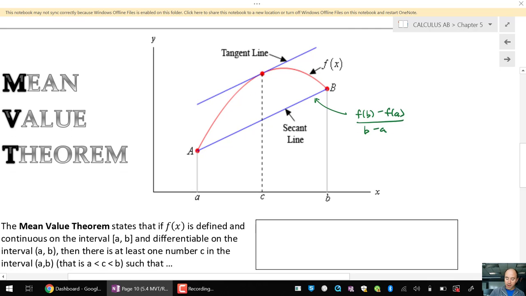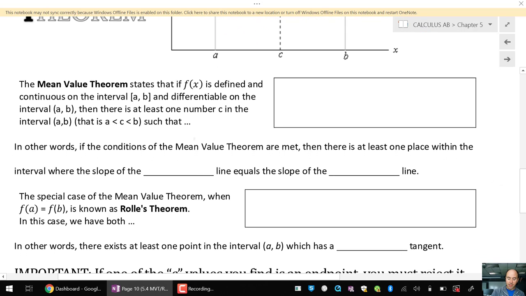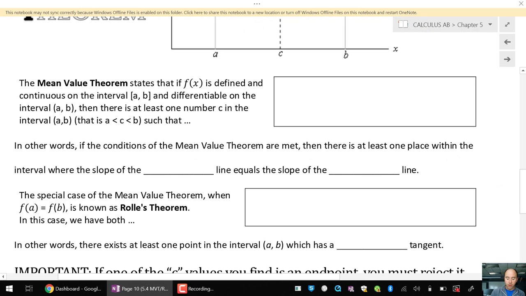Now, in symbols, what does that mean? Well, down here in this rectangle, we'll write out the conclusion of MVT. So you can read the hypothesis here. And essentially, it guarantees the existence of a value on the derivative. So we'll call that value f prime of c, and that would be my derivative that is equal to the slope of the tangent or equal to the average rate.